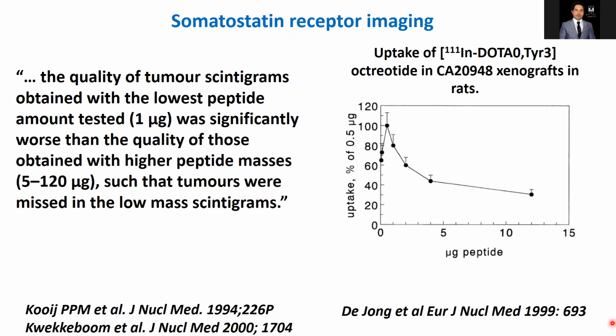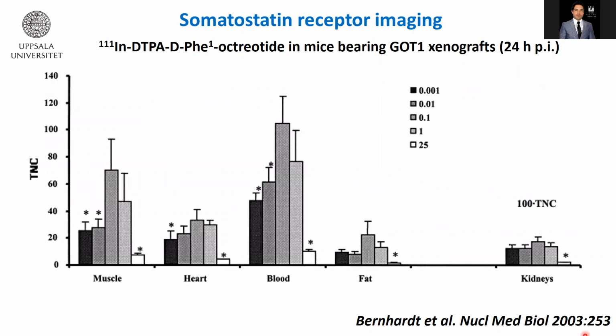But this is the first sign that high molar activity or low injected mass is not good. Later on, that has been confirmed in another model of neuroendocrine tumor in Gothenburg, Sweden.